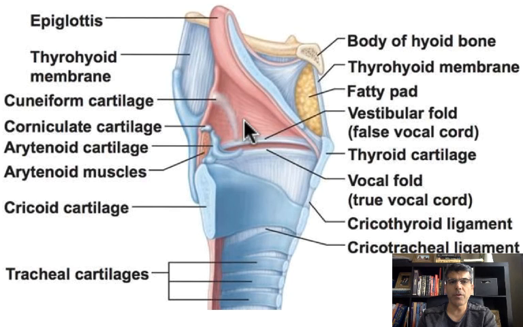This is the upper part of the larynx. This is the lower part of the larynx, which is going to continue with the trachea. So from here down is called the trachea. This area that I'm pointing out is called the larynx, and the vocal cord is right in the middle. This is the upper part of the larynx, and this is the lower part.